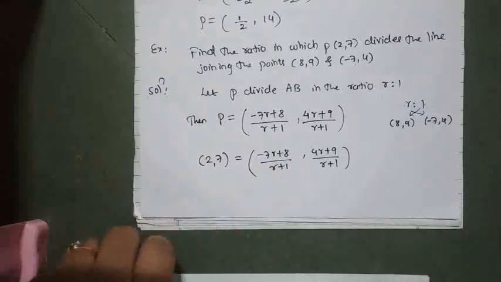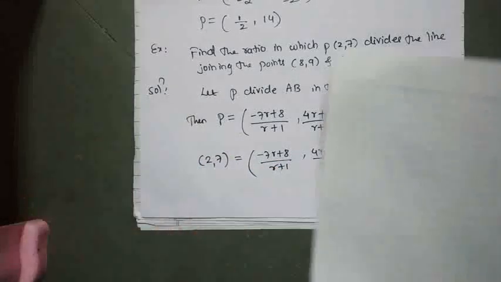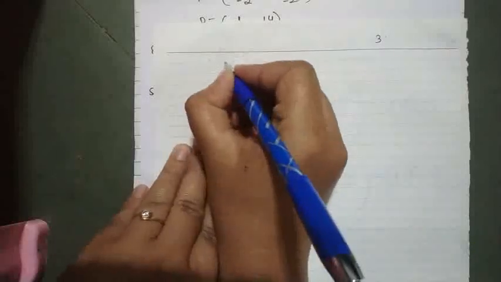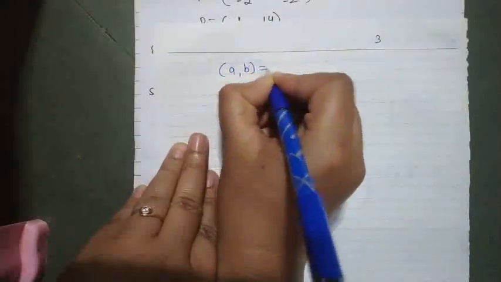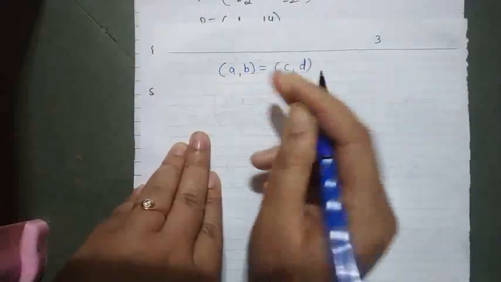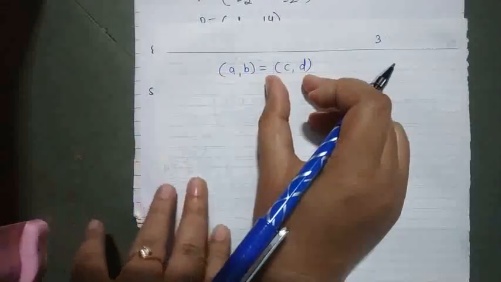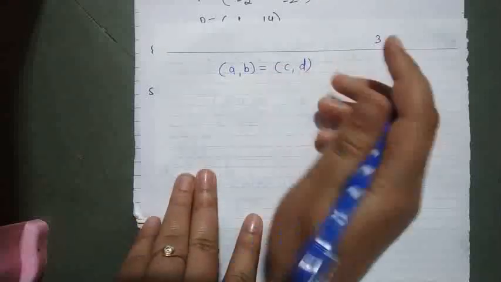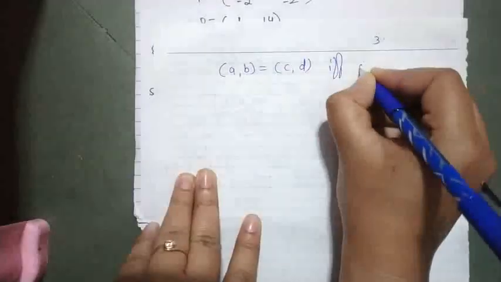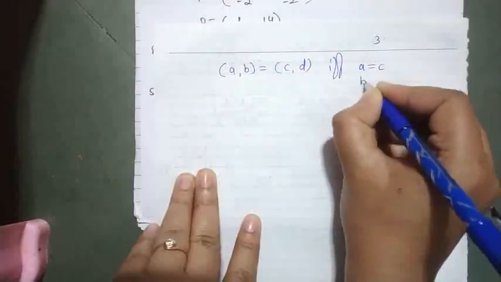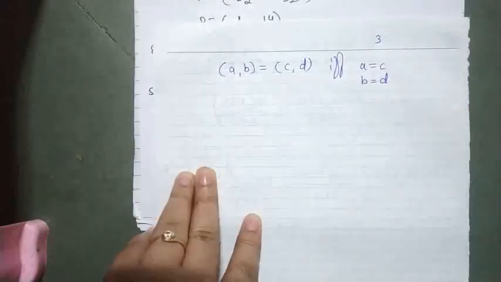And in relations and functions you have learned that 2 ordered pairs are equal if and only if (a, b) is equal to (c, d), that is a is equal to c and b is equal to d.